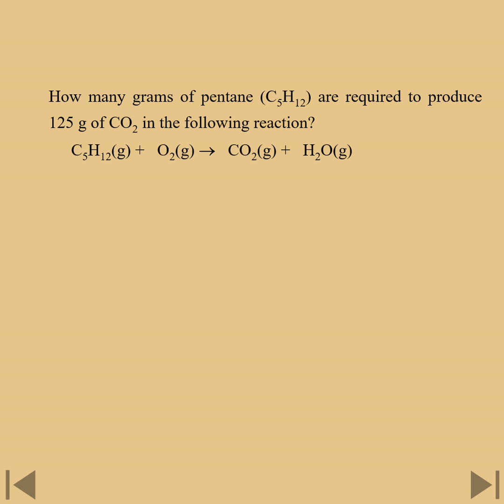5 carbons on the left, 1 on the right. So how many go on both sides? 5. Then hydrogen, 12 on the left, 2 on the right. So how many go on both sides? 12. And now I see 5 times 2 for 10, 6 more for 16. 16 oxygens on the right would be balanced by 16 oxygens on the left.